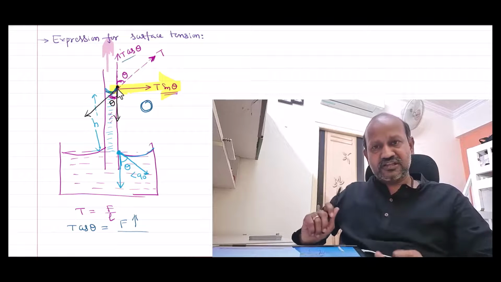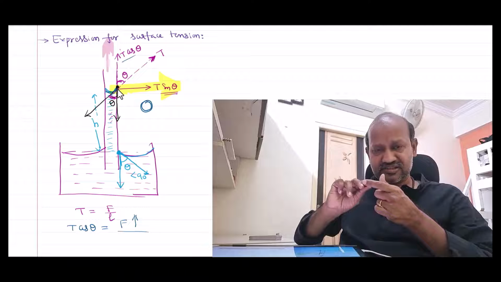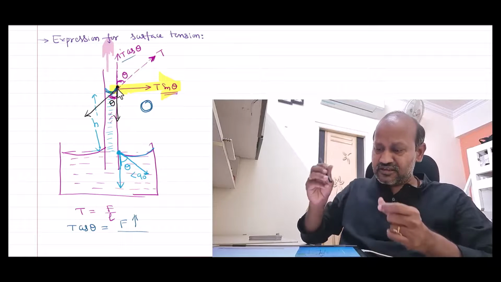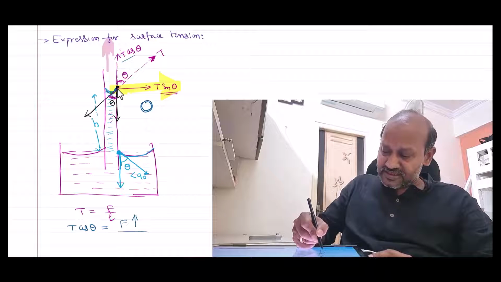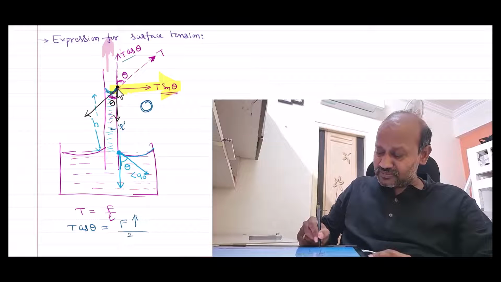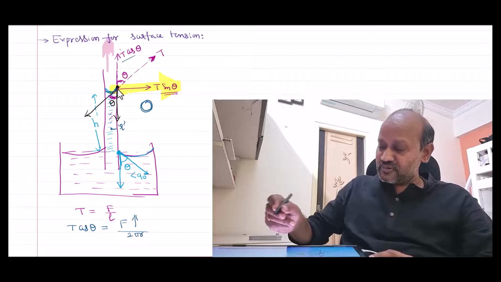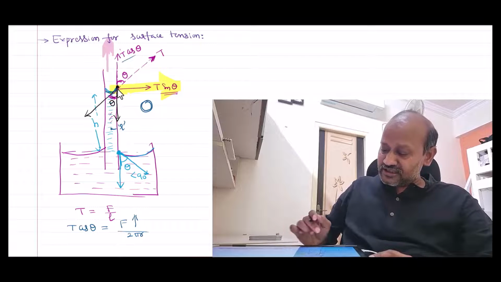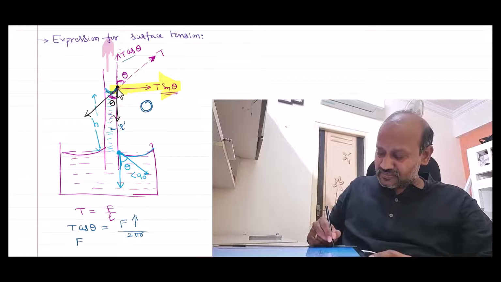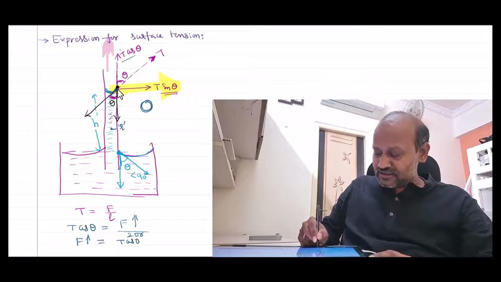Therefore, the length of that circular shape, assuming it has some radius r, will become 2 pi r. So the total force that is acting in the upward direction is T cos theta times 2 pi r.